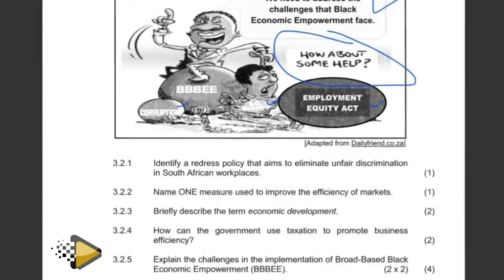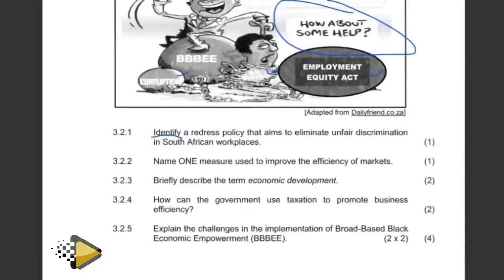Okay, right. So checking the question in line with 3.2.1, it reads as follows. Identify the redress policy that aims to eliminate unfair discrimination in the South African workplace.